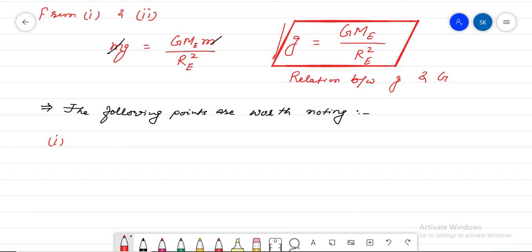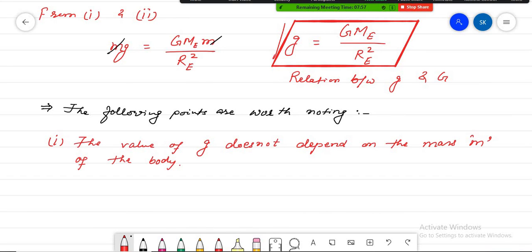Thus, two bodies of different masses allowed to fall freely will have the same acceleration. If they are allowed to fall from the same height, they will reach the earth simultaneously. But it must be remembered that there will be no air resistance on these two bodies which freely fall from the same height.